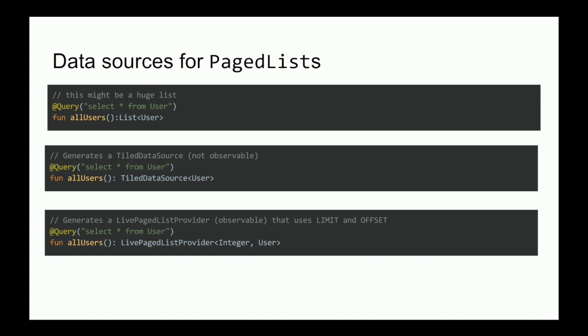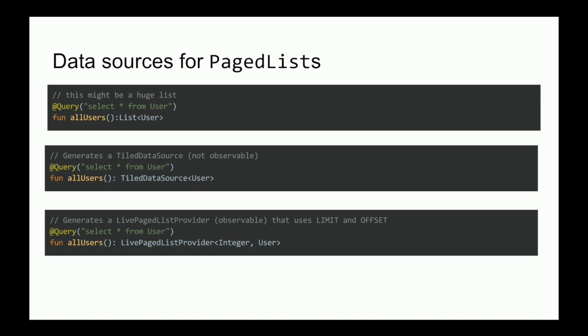And then you can feed that one into the paging components, basically. And this is a one-shot kind of query. It won't really be observable. If you need that, then you also have another variant, which is a live page list provider of Int and User.